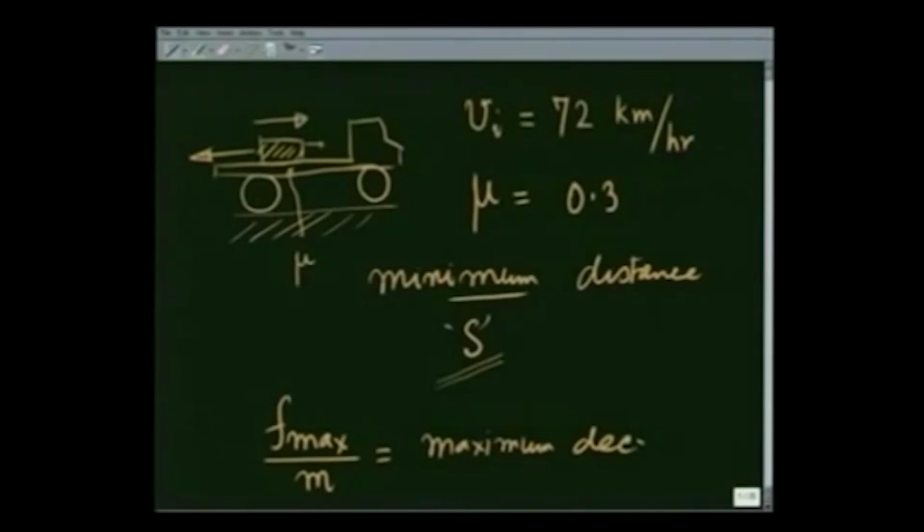It is this deceleration that the truck can also have. If it slows down faster than that, the box will start sliding. The friction will not be able to stop it.